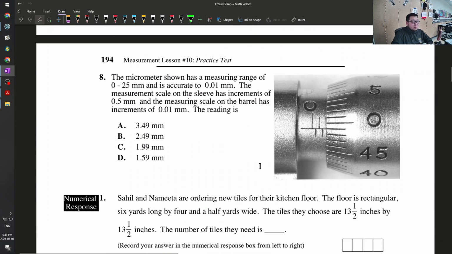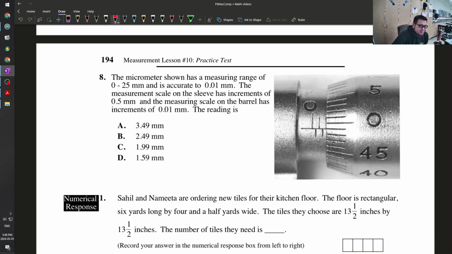8. The micrometer shown has a range of 0 to 25 millimeters and is accurate to 0.01 millimeters. The measurement scale on the sleeve of the instrument has increments of 0.5 millimeters, and the measuring scale on the barrel has increments of 0.01 millimeters. What is the reading?